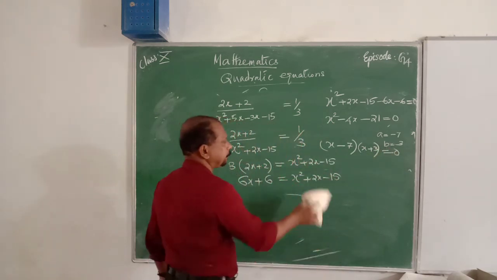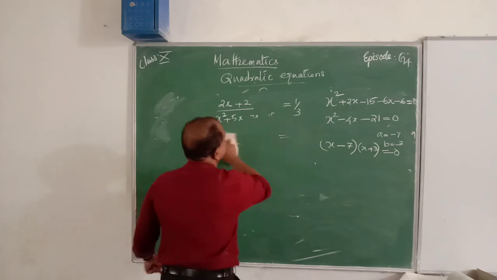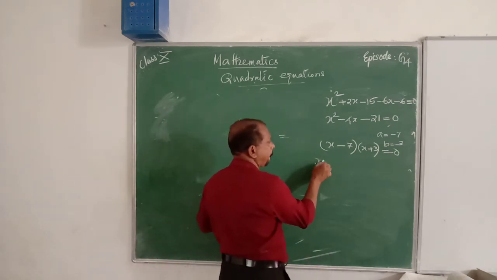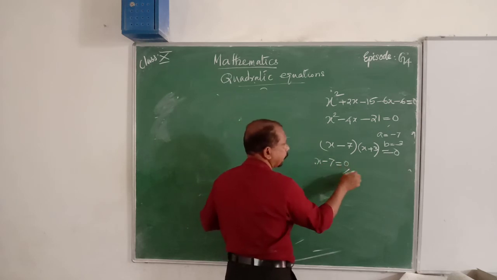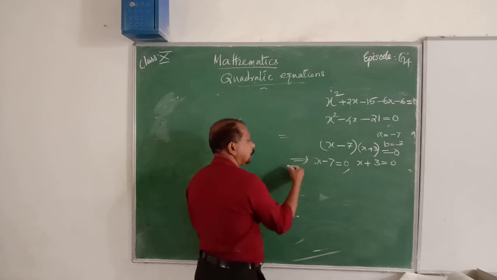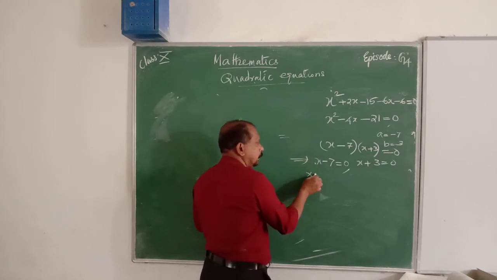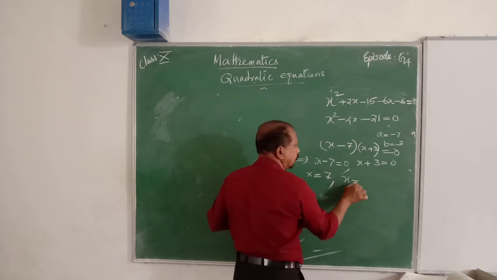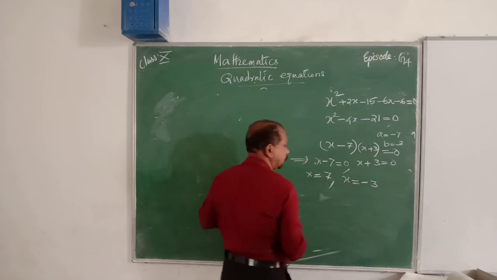That is x minus 7 is equal to 0, x plus 3 is equal to 0. Therefore, x is equal to 7 and x is equal to minus 3.